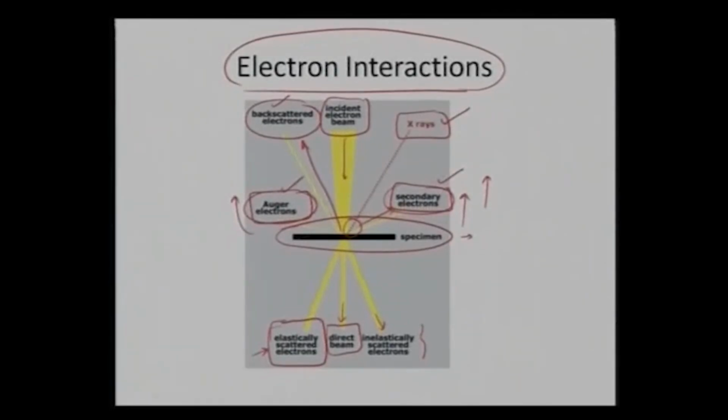But if I let the electron beam be strong enough so that some signals are transmitted through the material, I can get them as either direct beam, elastically scattered electrons, or inelastically scattered electrons. Mostly I utilize the elastically scattered electrons as my overall feature for analyzing a material, though I can also find some information from the inelastically scattered electrons as well. So, this basically comes under transmission electron microscopy.